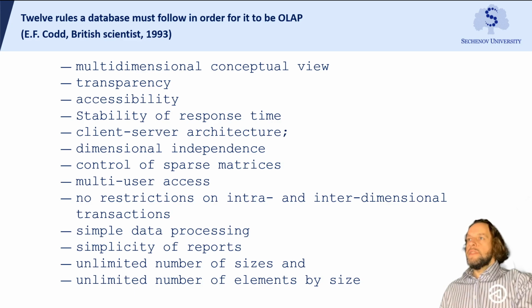There are several definitions of what we need, so we are able to call our data available to be used in OLAP format. It should be multidimensional, transparent, accessible, stable, and these dimensions should be independent. And in many cases, when we are talking about OLAP, we have multi-user access, client-server architecture, and so on.